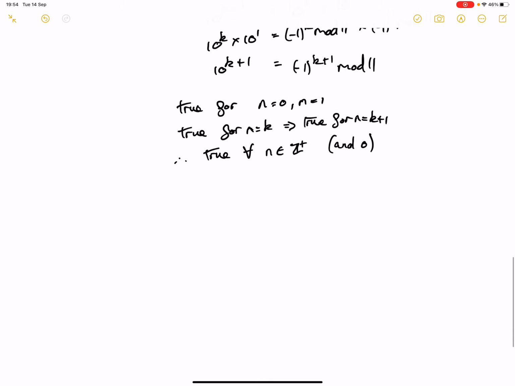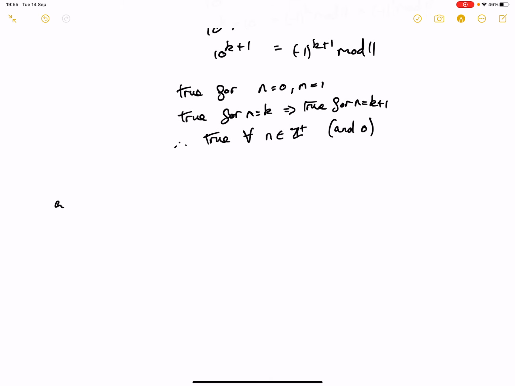Okay. So getting back to our proof, we're going to do a number a_k and however many digits, a2, a1, a0. That's our number. And that's going to be a0 plus 10 a1 plus 100 a2 plus all the way to 10 to the k a_k.